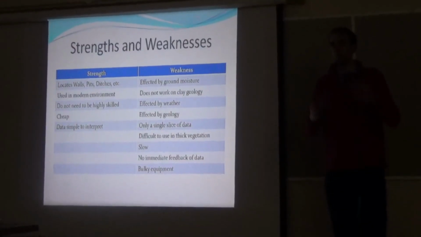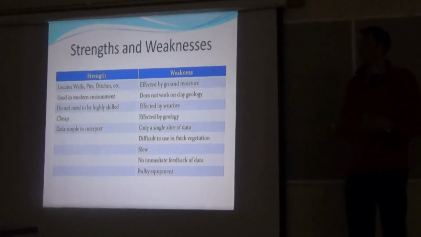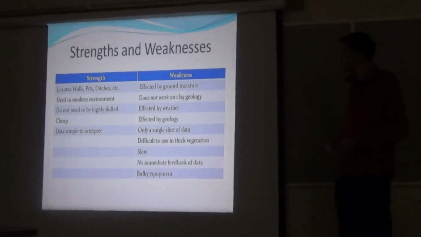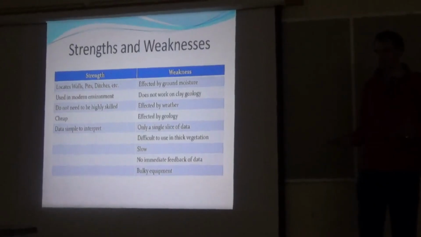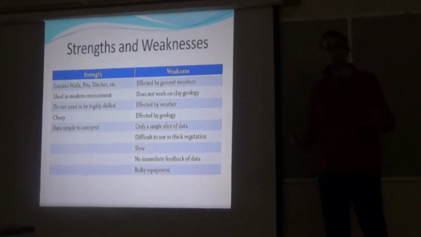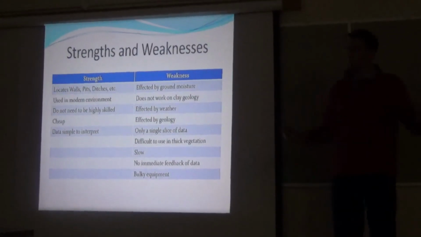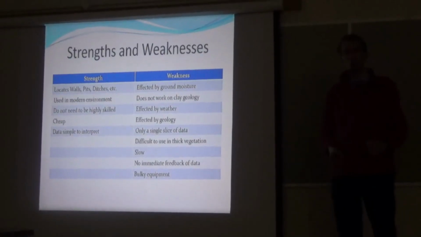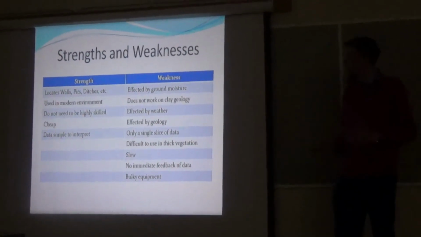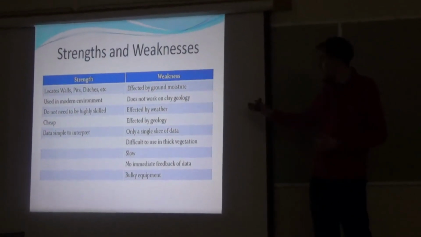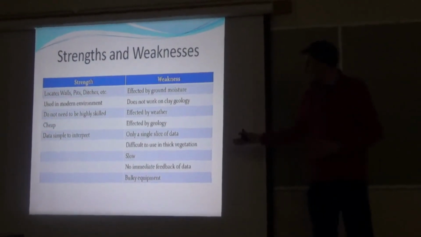So you won't be able to see walls as well, or pits and ditches, because they haven't got that moisture within them. It doesn't work on clay environments. Clay acts like a sponge. It is either really wet or baked rock hard. So you have problems with interpretation of the data. It's affected by the weather, which we've discussed.